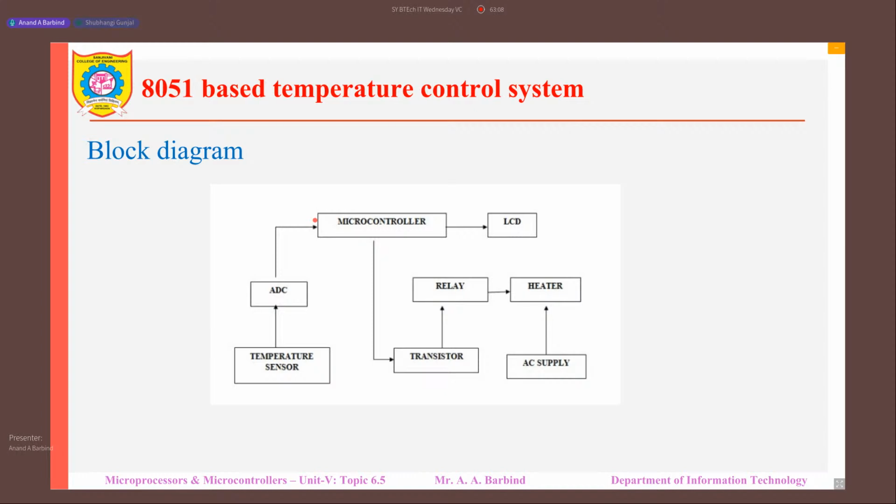Okay, so with this we stop here, and that was the last part in this unit. Two smaller parts have remained, that is interfacing of the LCD, which we shall see in the practical, and ADC and DAC also, if time permits, in the practical.